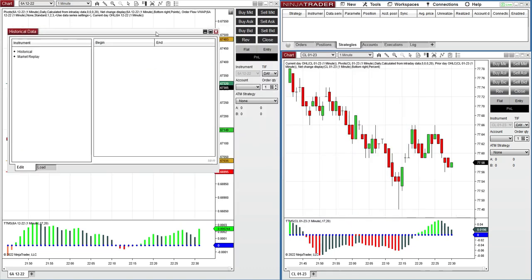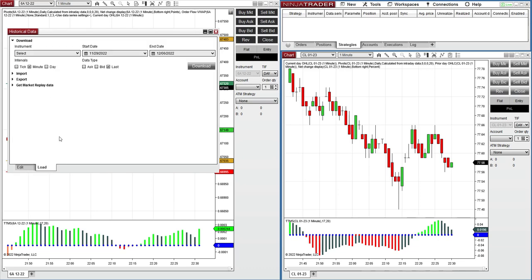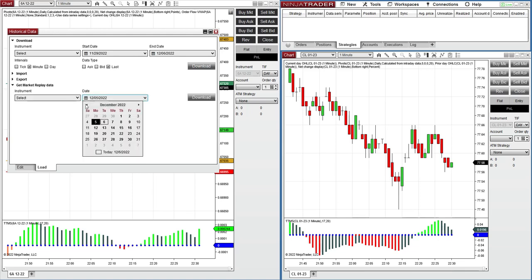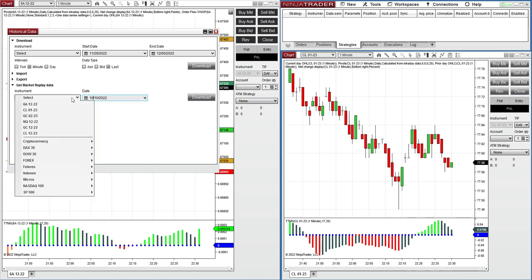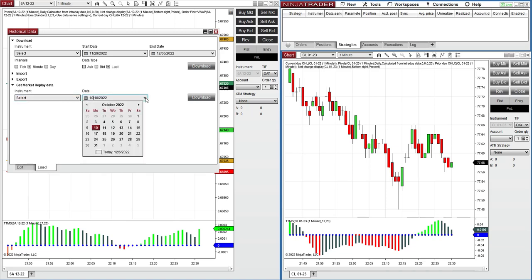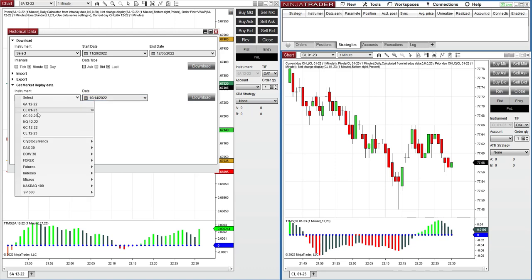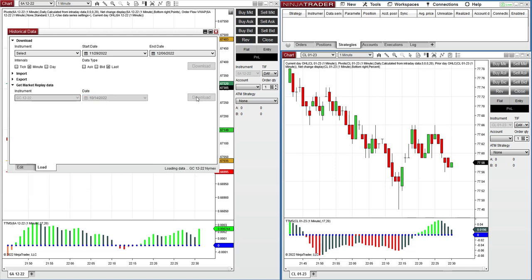So we'll practice on a retail trade and on a WASD. And I promise I'm going to go over market replay. I'm just not today. I don't want to get you so confused that you have no idea what's going on. So bear with me for a moment. We're going to look at gold and we're going to look at corn.